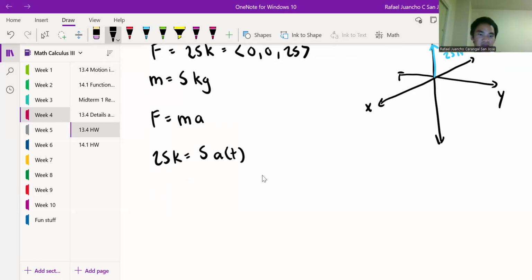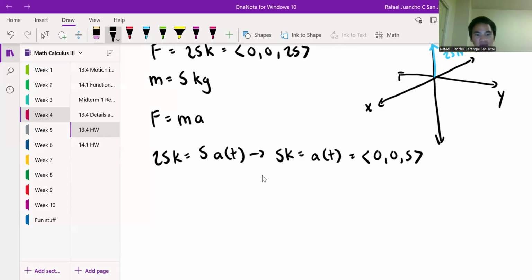And if we divide, we get 25k over 5. We treat it like an algebra thing. So we get 5k is equal to a of t. And so that means a of t is just 0, 0, 5. So these are the instances where it's actually good to use the ijk format.